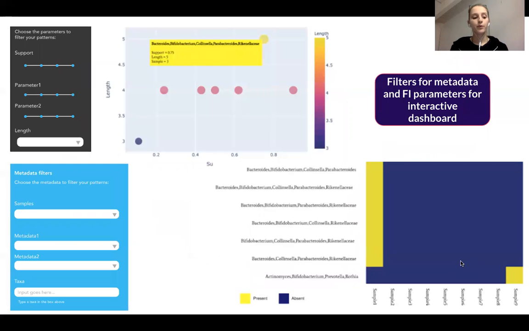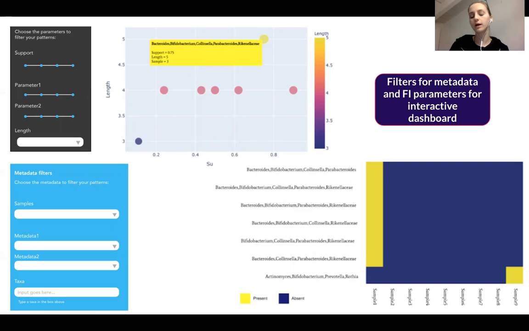This is an example of the dashboard. It's a copy and paste because of the space, but we have the filters. So we can filter our pattern table with the metrics of the analysis, but also with the metadata of our samples.